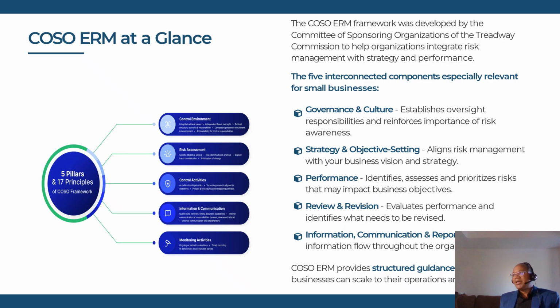The five interconnected components especially relevant for small businesses are governance and culture, which establishes oversight responsibilities and reinforces importance of risk awareness by helping to create a risk-aware culture from top to bottom of the organization.